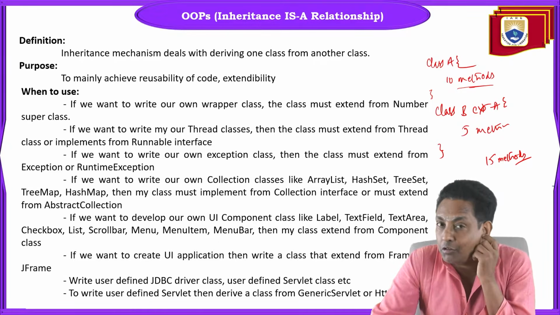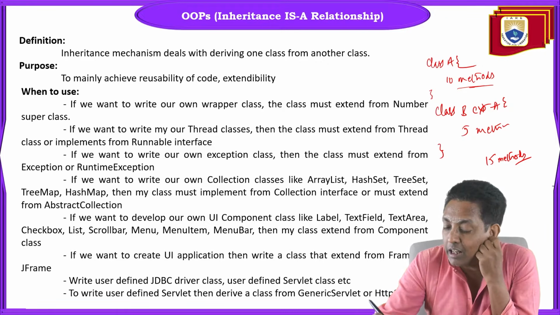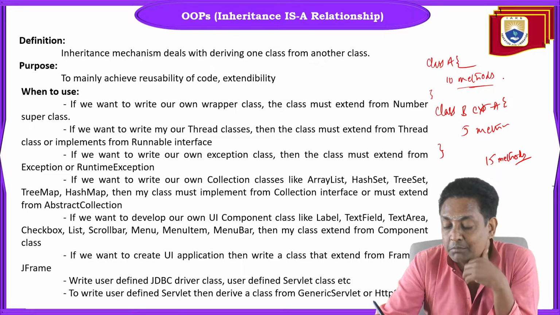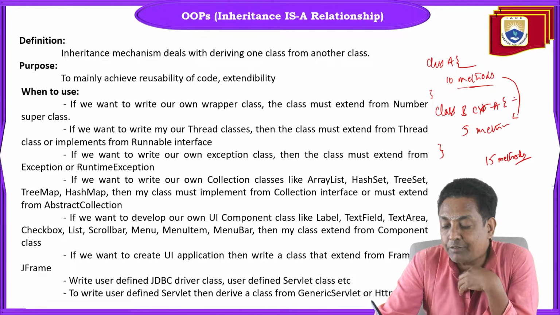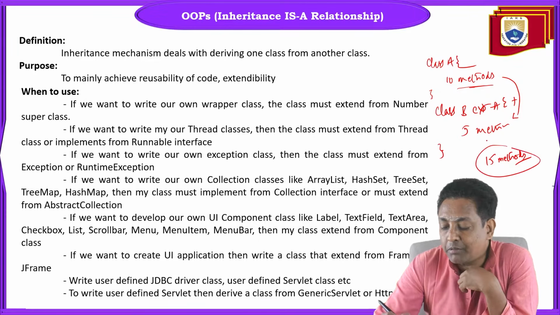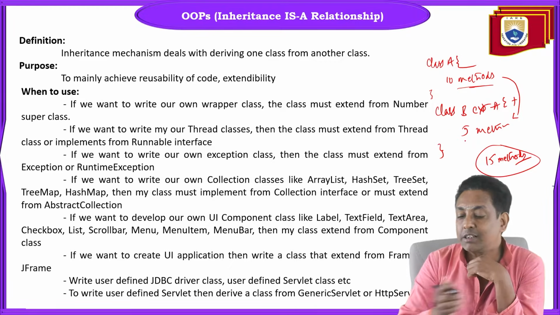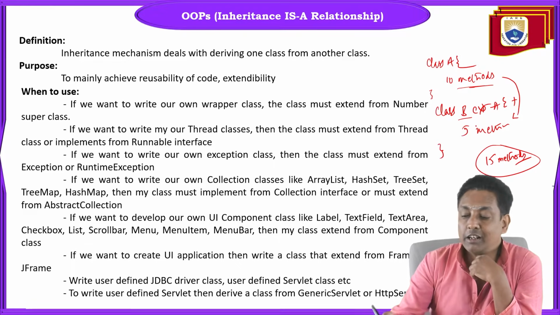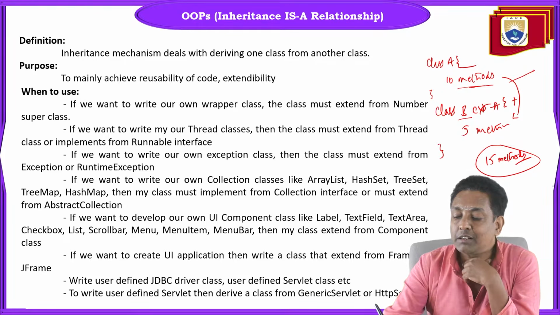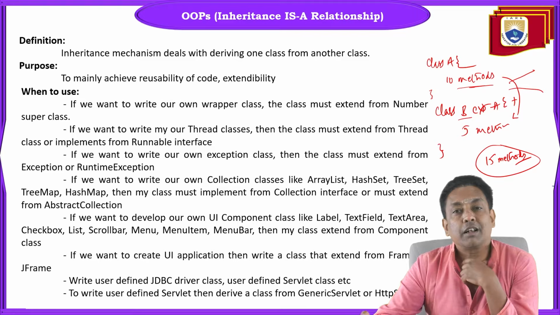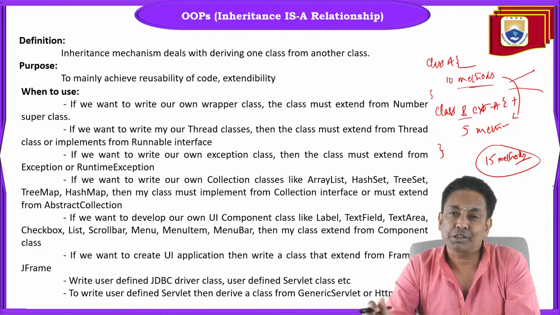So, is this not code reusability? In addition to the existing 10 methods, we are adding 5 more, making 15 methods, so that anyone who uses class B can insert data into both the SQL database as well as the NoSQL database for this particular entity, like an employee or student or something.